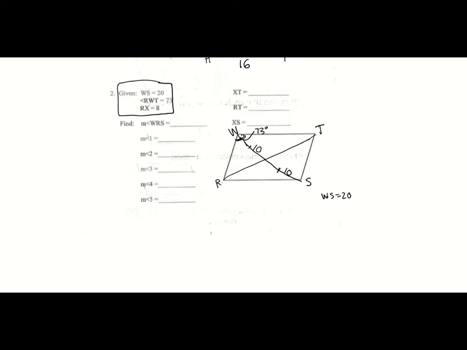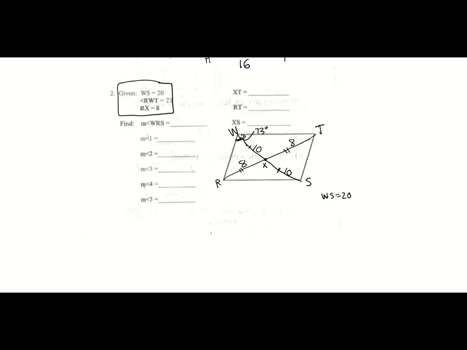And then I know that RX, my side, so X is our midpoint here. RX is 8. Well, I know these pieces are the same, so if that is 8, then this is 8. Okay, so I can start filling in some of my missing information.